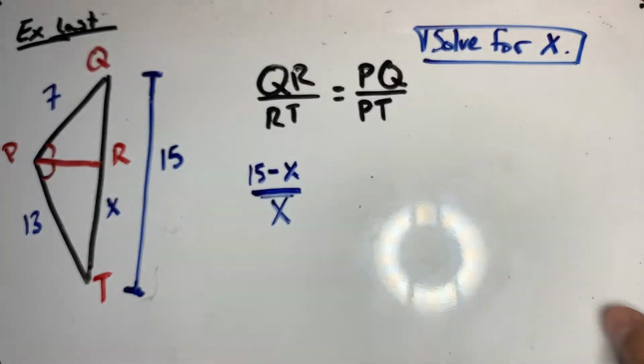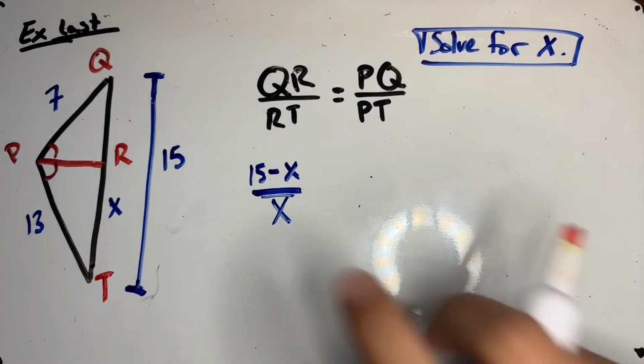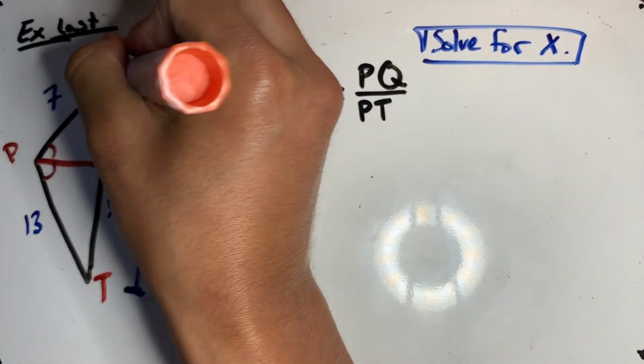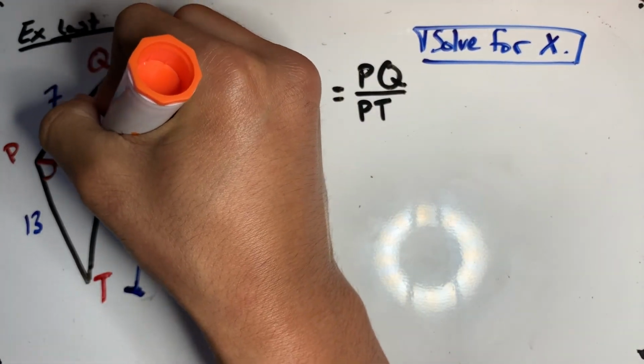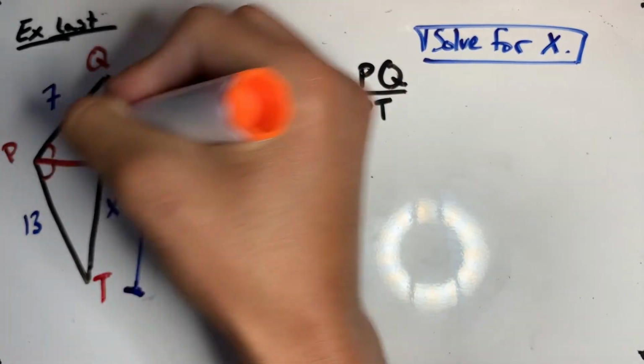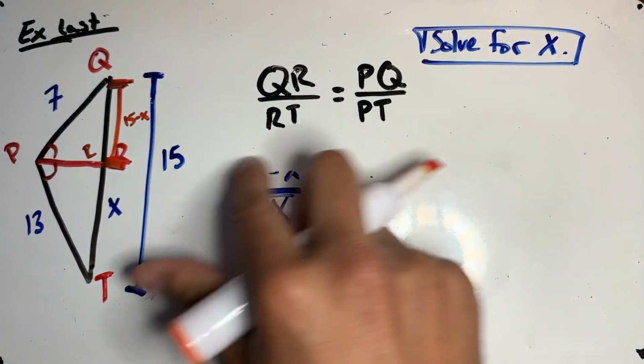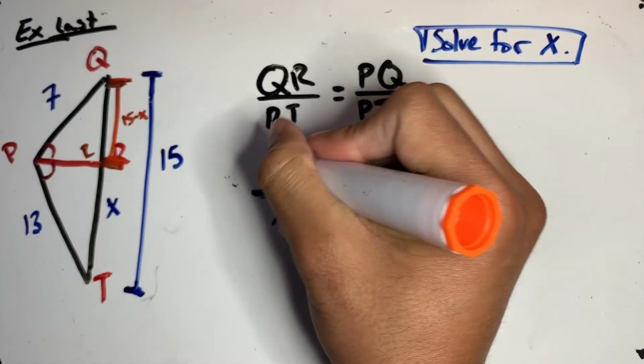So from here to here, I'll use orange, and I'll put my R on the inside, is 15 minus X.